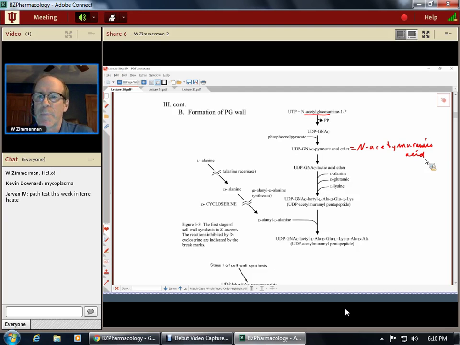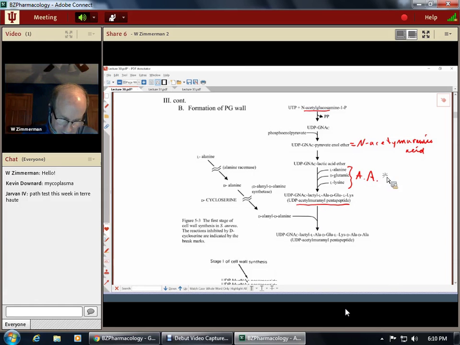And then that starts picking up peptides, these amino acids, and we wind up with this acetylmuramyl pentapeptide. Then it picks up a D-alanine, D-alanine.